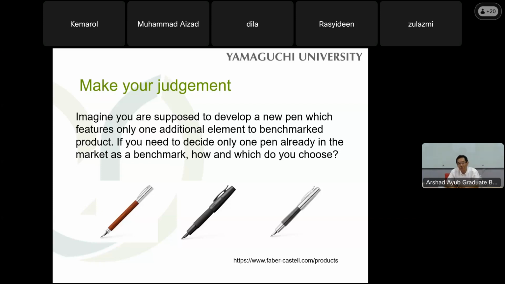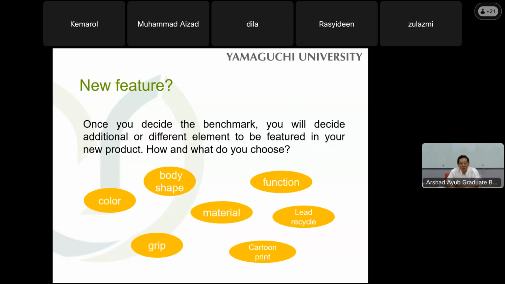And the same is true, you may face the same problem in deciding your research topic and the research theme. And once you decide the benchmark, meaning your research topic and your research area, the next task you are forced to do is to decide an additional or different element to be featured in your new product or new pen. How and what do you choose?